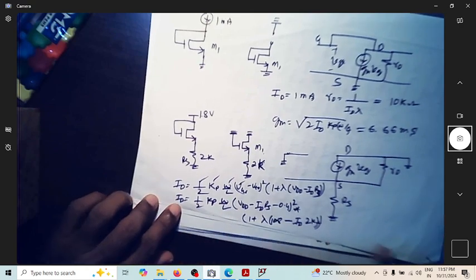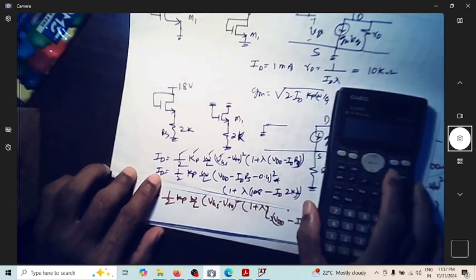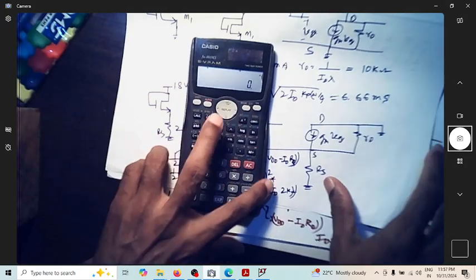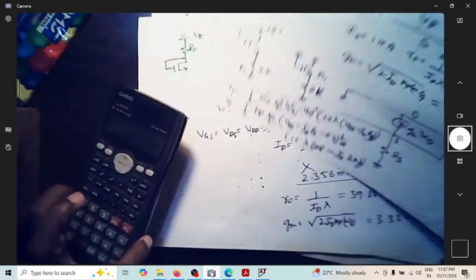So let us try to find what is ID now. Let me find it here.